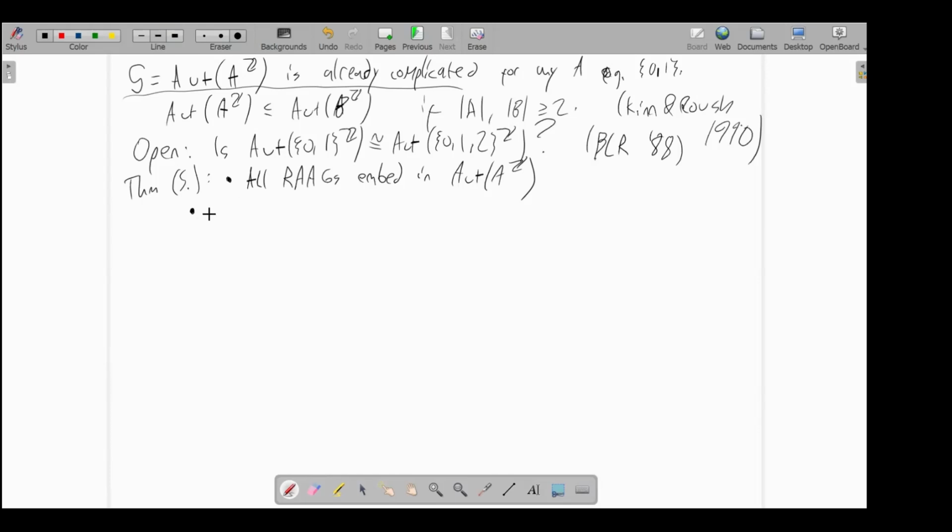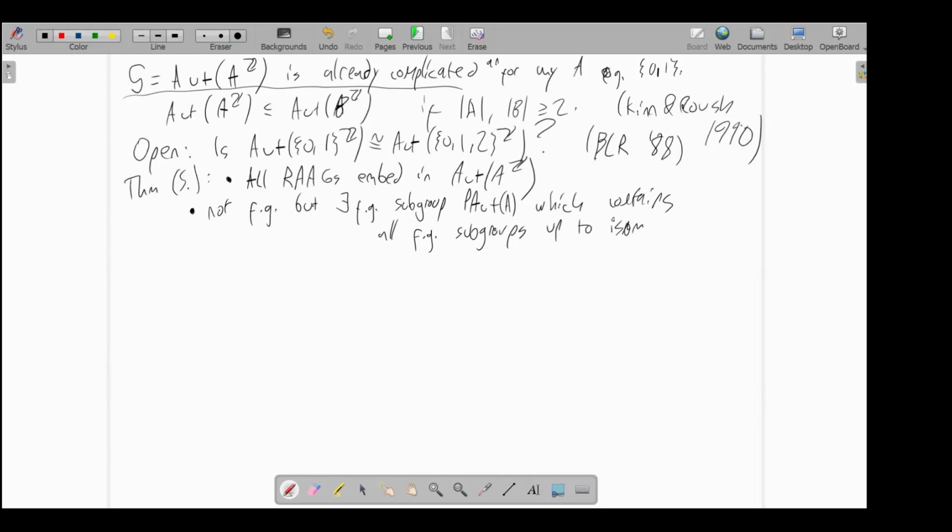So, a quick question. I get the understanding that these groups are fairly large, right? Is that right? Yes. So are they finitely generated or infinitely generated? Not finitely generated, but there exists a finitely generated subgroup, which I call POUT, which contains all finitely generated subgroups up to isomorphism.